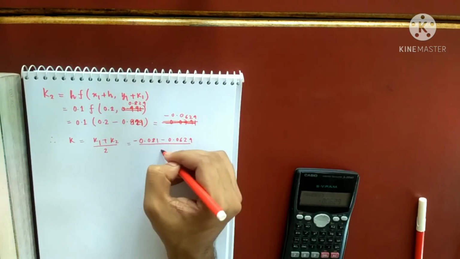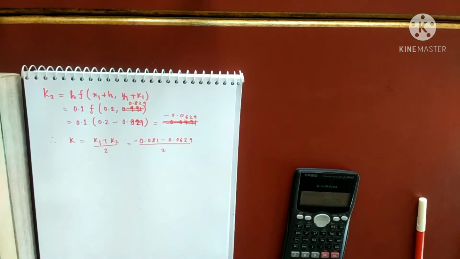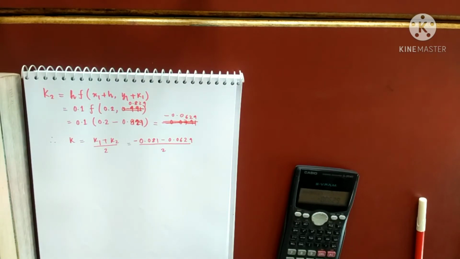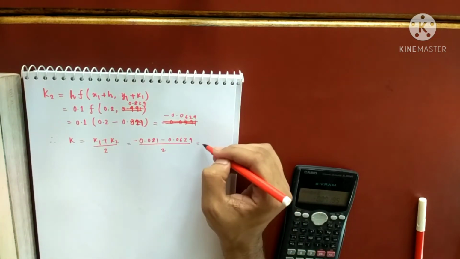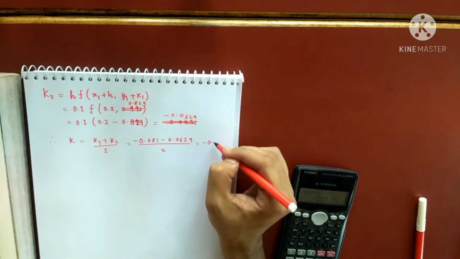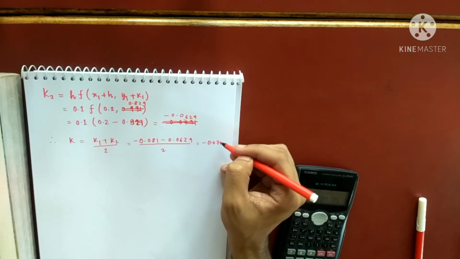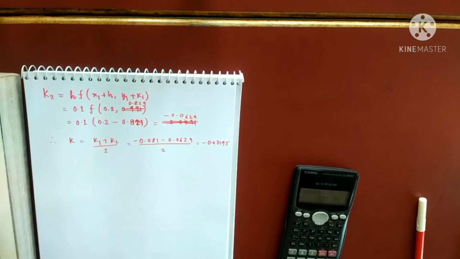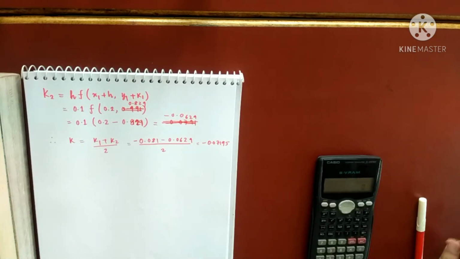By 2. So minus 0.081 by 2. It is coming as minus 0.07195. So this is the value of K.